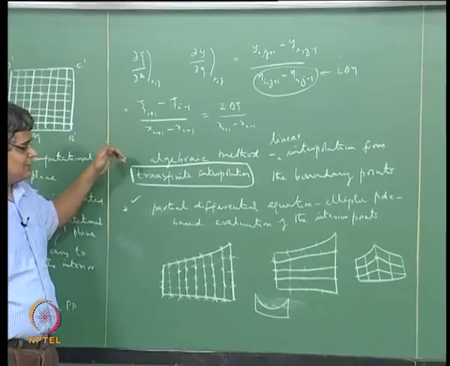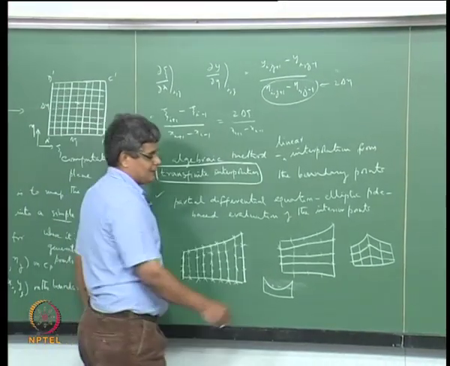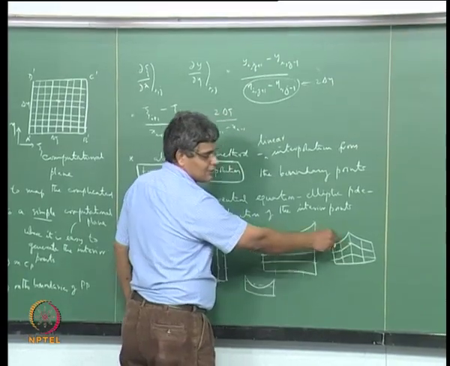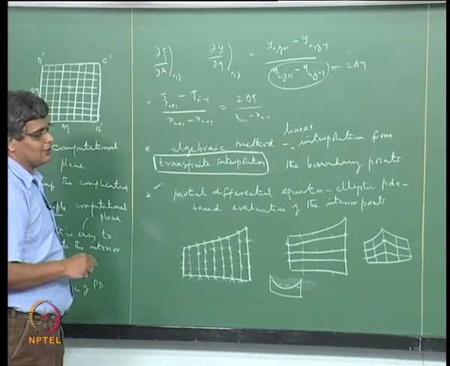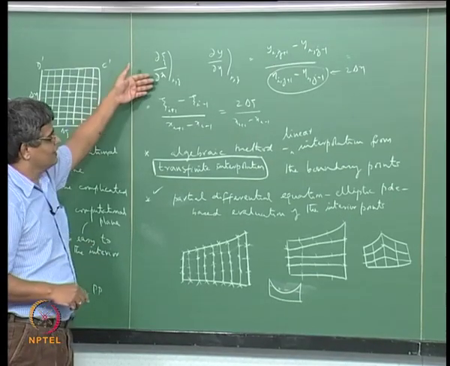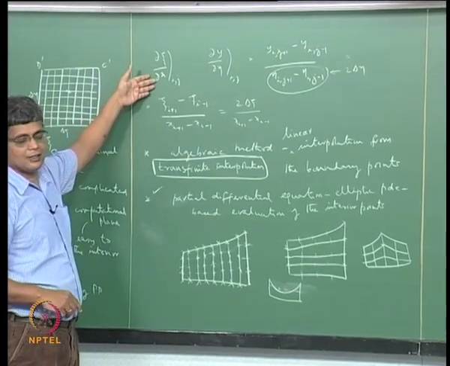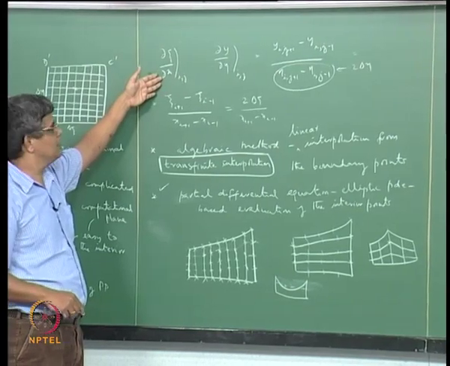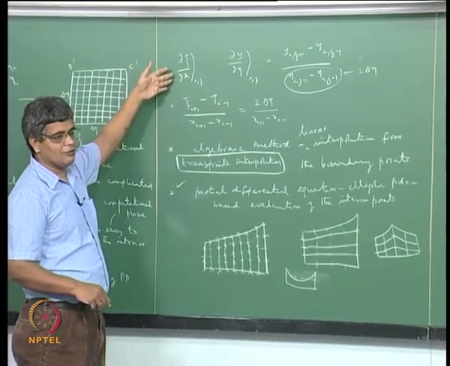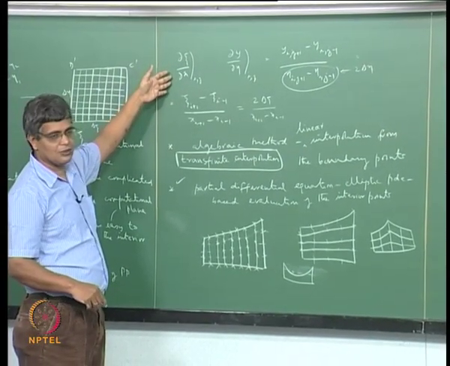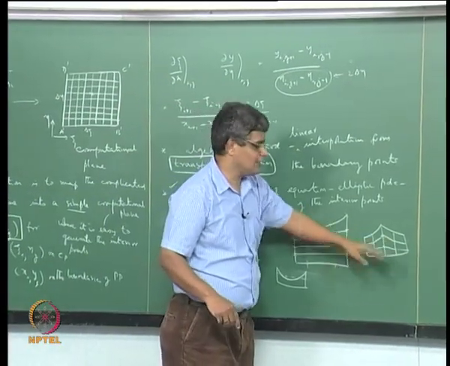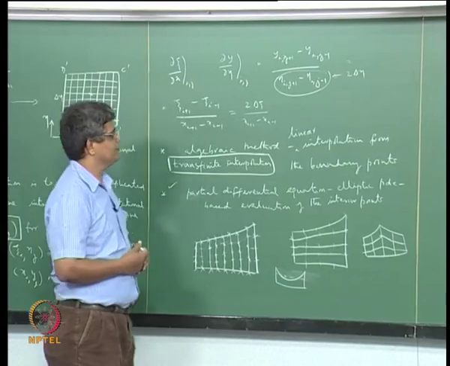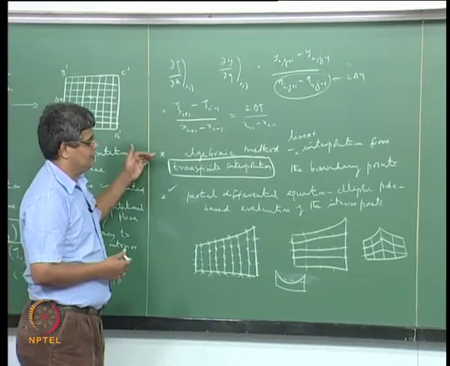One disadvantage is that boundary discontinuities will propagate into the interior, and we would like to avoid those kinds of discontinuity, because the transformed equation in the computation plane depends on the evaluation of the metrics of the transformation, and the metrics will have different values when you have slope discontinuity here. So this is one disadvantage.